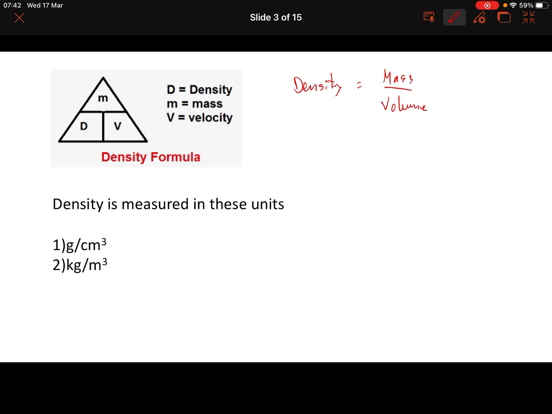Now, obviously, we can rearrange these formulas as well. So we can say mass is equal to density times volume, and volume is equal to mass divided by density.